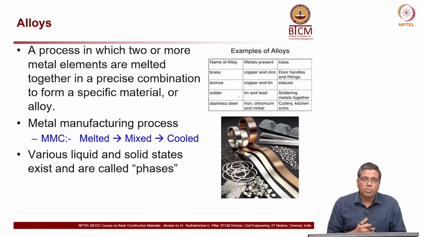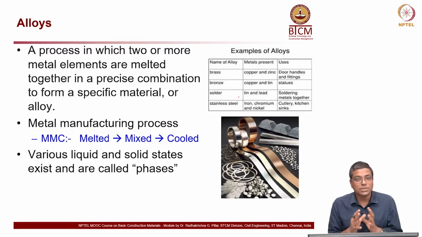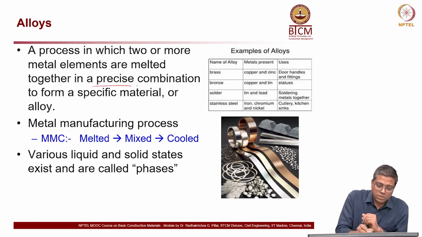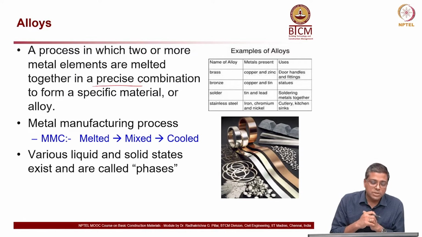Now let's talk about alloys. What is alloying? It's a process in which two or more metal elements are melted together in a precise combination. So not just mixing, but in a very precise combination to form a specific material with certain target properties. Okay.